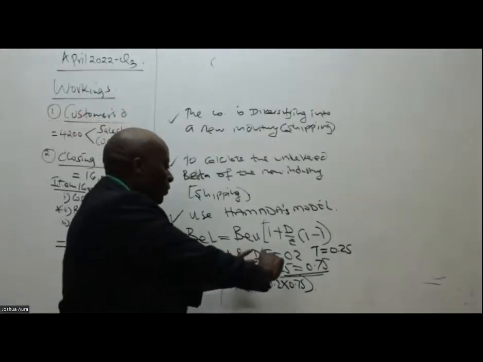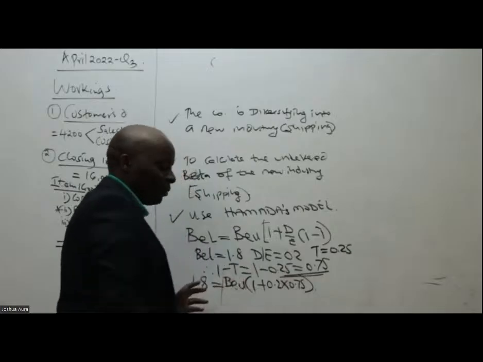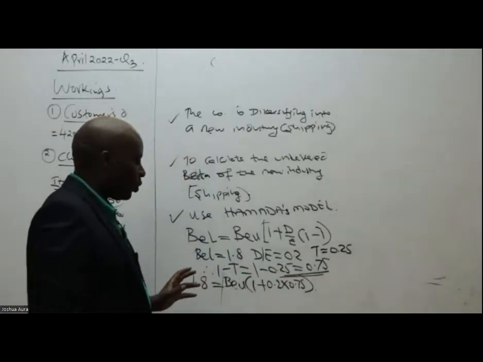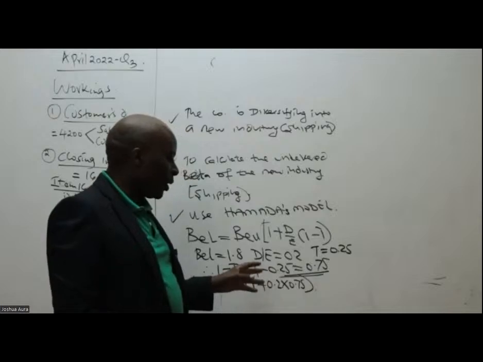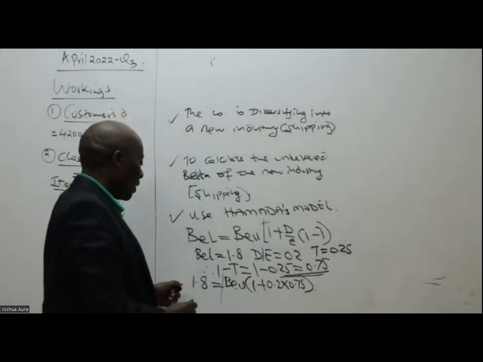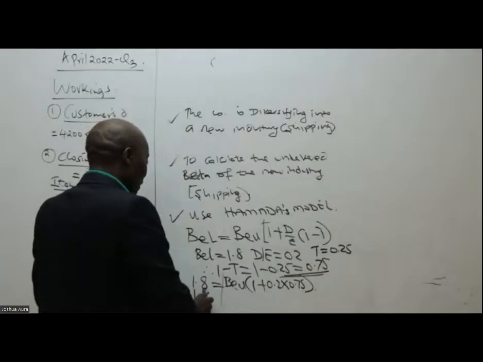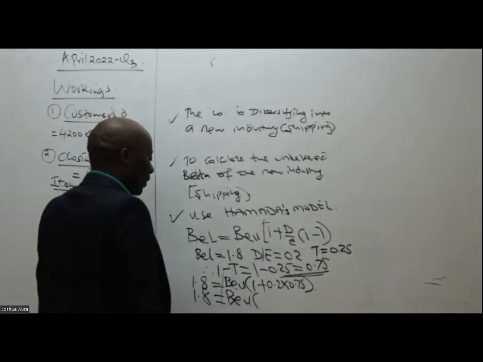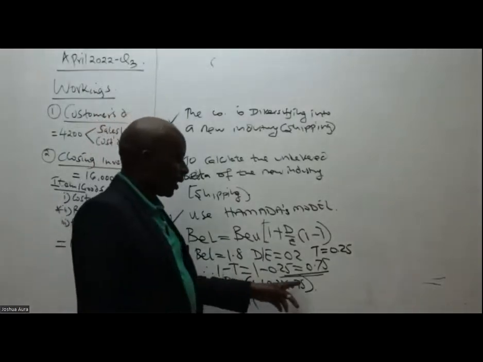First of all, give me whatever is in brackets, BODMAS: 1 plus 0.2 times 0.75, right? So we have here 1.8 equals beta equity of unlevered firm into this plus this.